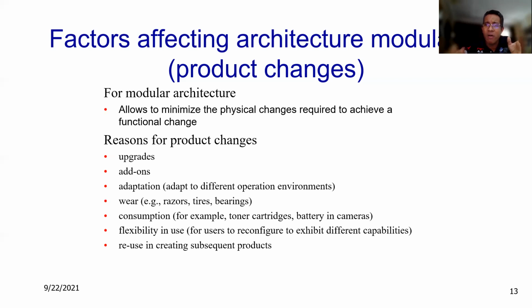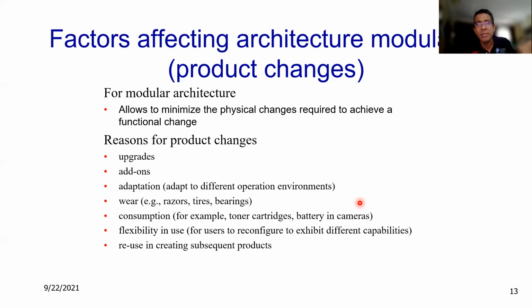So you need to consider the reasons why you want to update, why you want to change your product. Maybe for upgrading, adding new functions, adaptation to a new operating environment, wear and tear, consumption, flexibility in use, reuse, recycling, and creating a secure product.